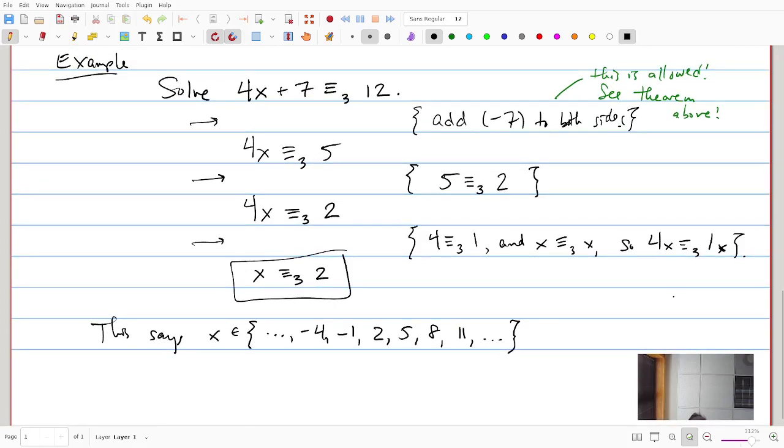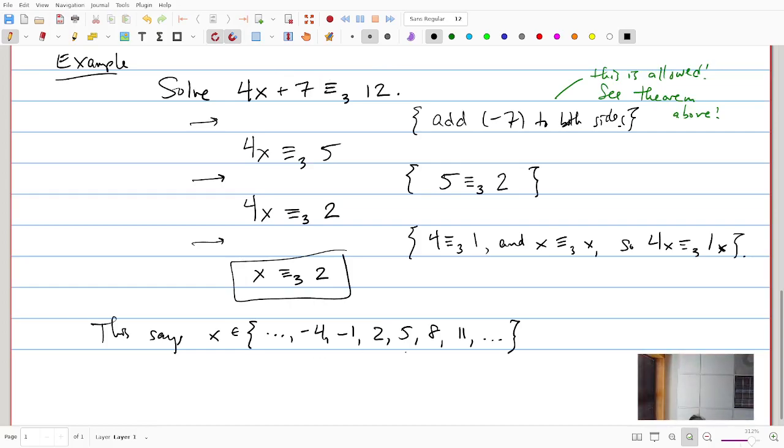And we could try one, like let's try 8. If I put 8 in here, 4 times 8 is 32, plus 7 is 39, and 39 is a multiple of 3, so it has a remainder of 0. 12 also is a multiple of 3, has a remainder of 0. So 39 and 12 are indeed equivalent modulo 3.